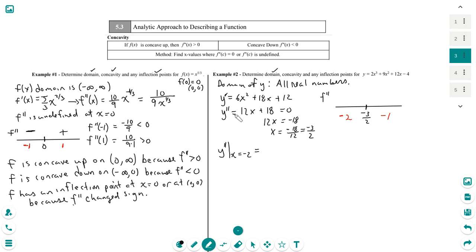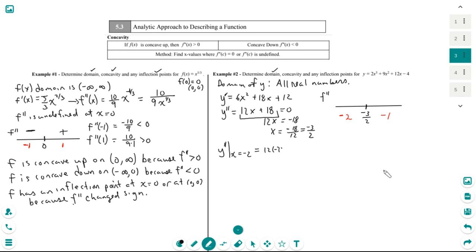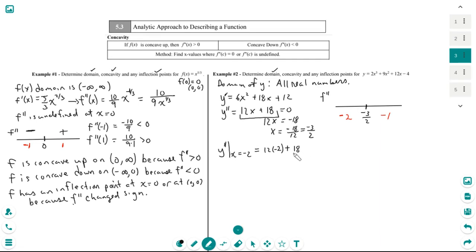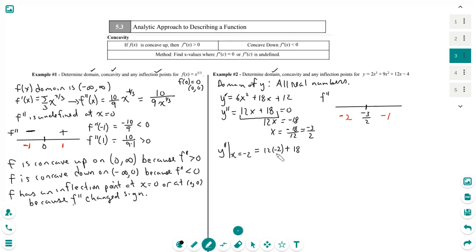So the second derivative at negative 2. I'm plugging it into this here. That would be 12 times negative 2, and then add 18. I don't really have to calculate that. That's negative 24, that's 18.